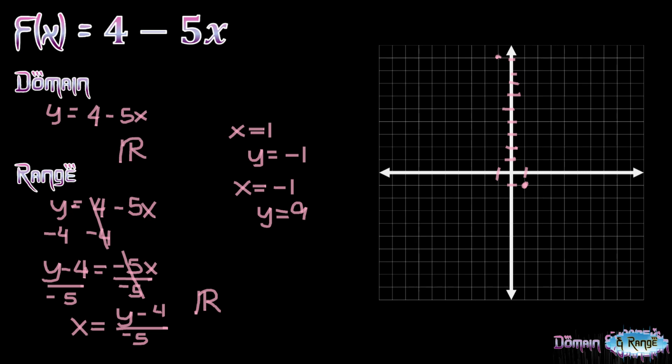The point is here. Connecting these 2 points using a straight line, this would be the graph of the linear function represented here. As you can see, from left to right it goes downwards, because if you can remember, the slope here is negative 5.